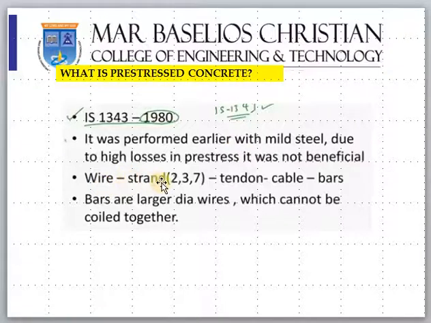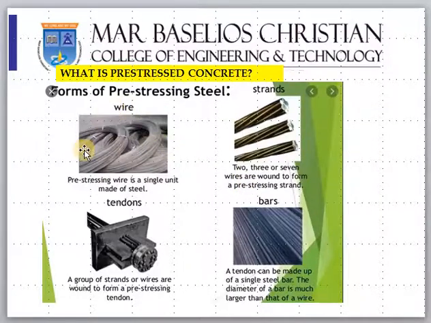A single steel is called a wire, and if more wires, 2, 3, 5 or 7 wires, join together, it is called a strand, and one or more strands put together is called a tendon. So you can see here, this is a wire, and 2, 3, 5, 7 wires join together, it's called a strand, and more than one strand put together is called tendons.